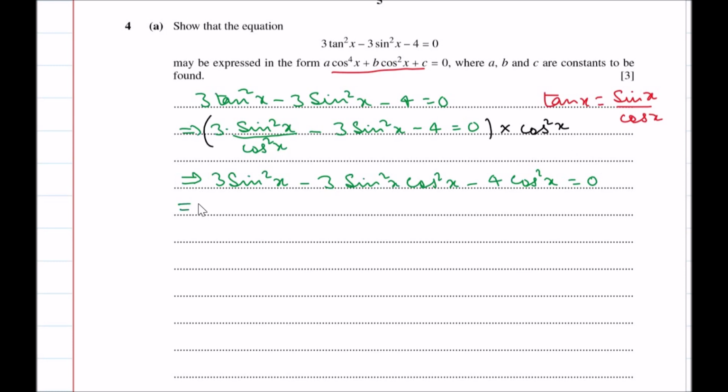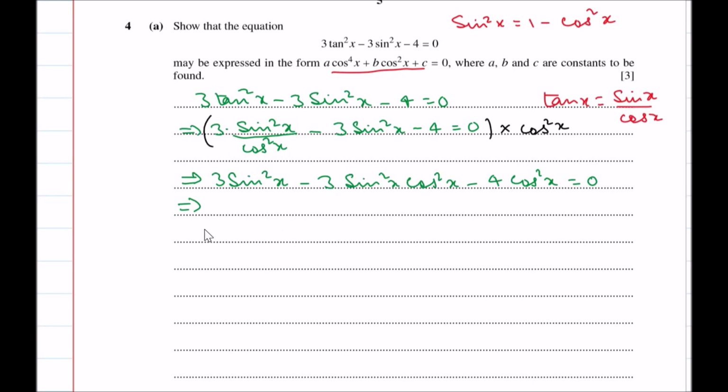Now we don't actually want sin square x or sin x, so we have to convert this into terms of cos, and we know that sin square x equal to 1 minus cos square x. This is the identity.